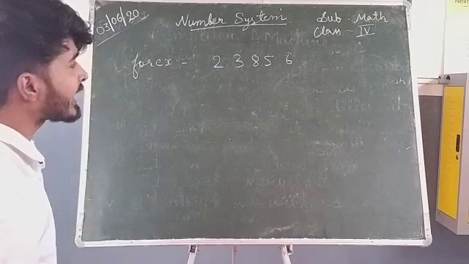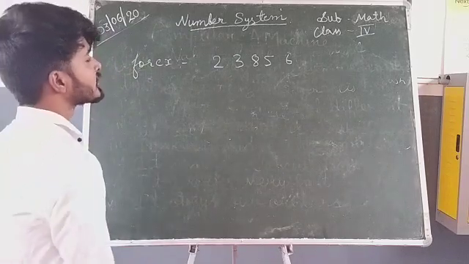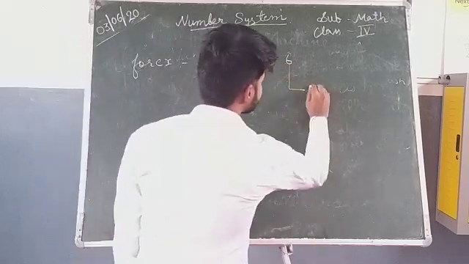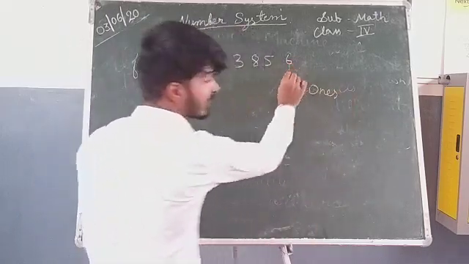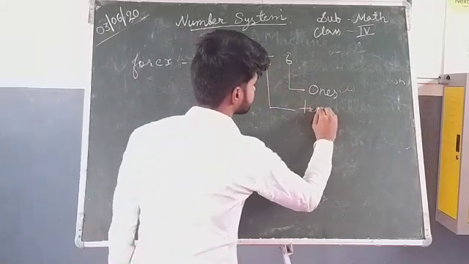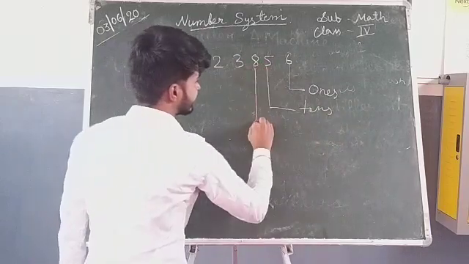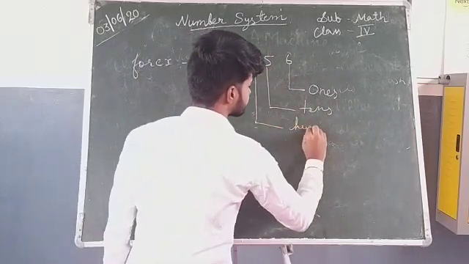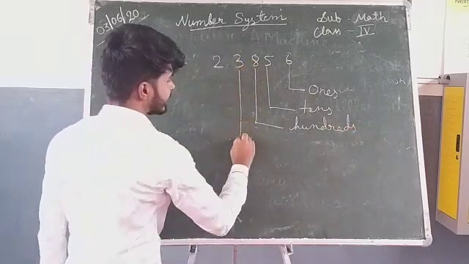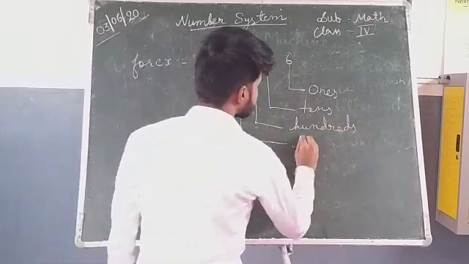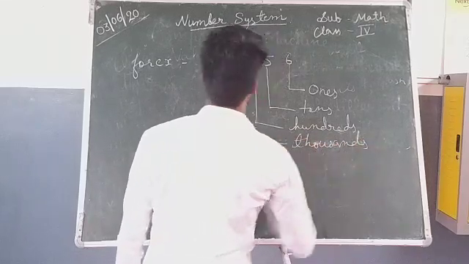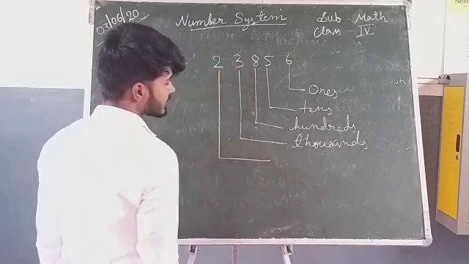Now from the extreme right, we will know the place or position of the digit. 6 is known as ones place. From the extreme right, 5 is known as tens place. Now 8 is hundreds place. Now 3 is thousands place. Now 2 is in the place of 10,000.